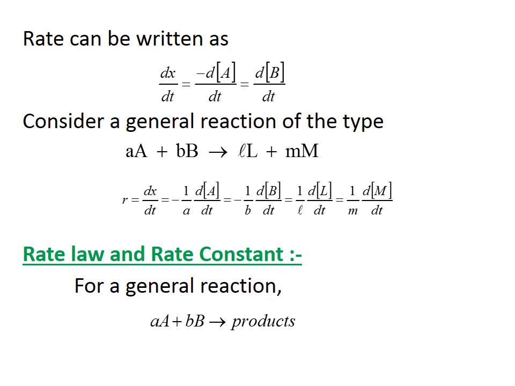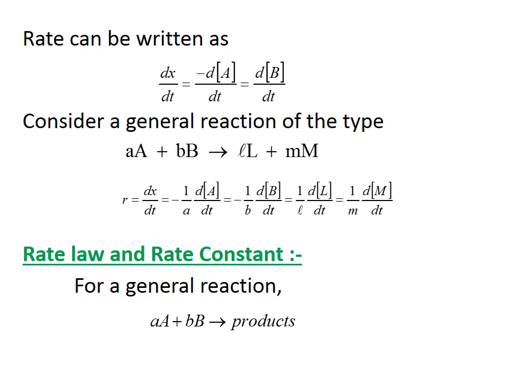So the rate of this particular reaction can be expressed in 5 ways: dx by dt, or minus 1 by a into dA by dt, or minus 1 by b into dB by dt, or 1 by l into dL by dt, or 1 by m into dM by dt.